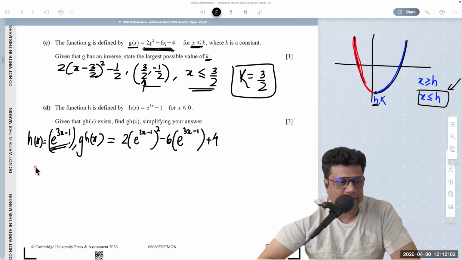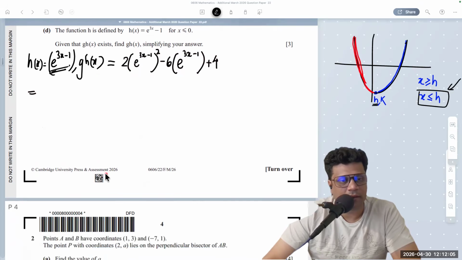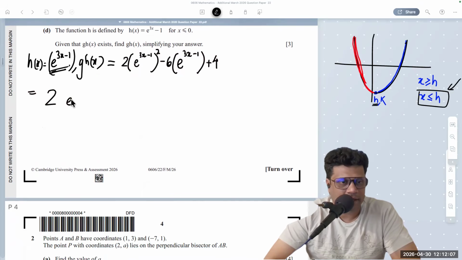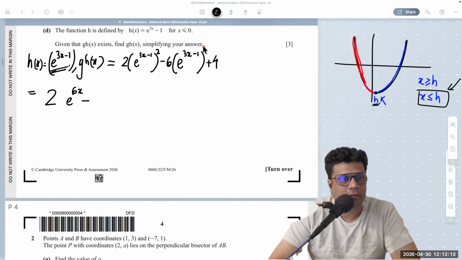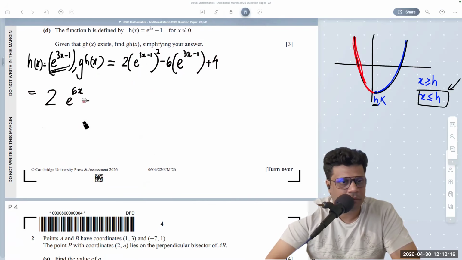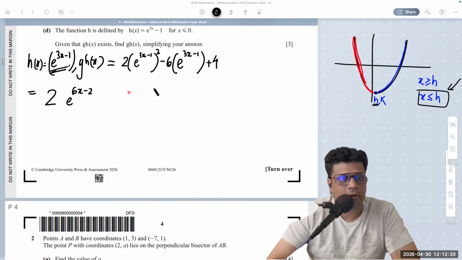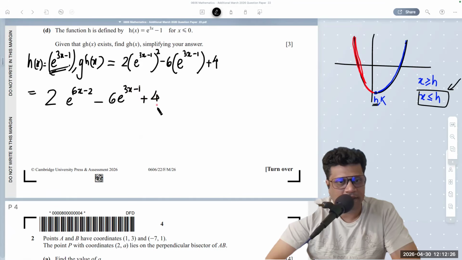And I'll open up these brackets. So it's going to be 2 times e to the power of 6x minus 2, and minus a 6 times e to the power of 3x minus 1 plus a 4.